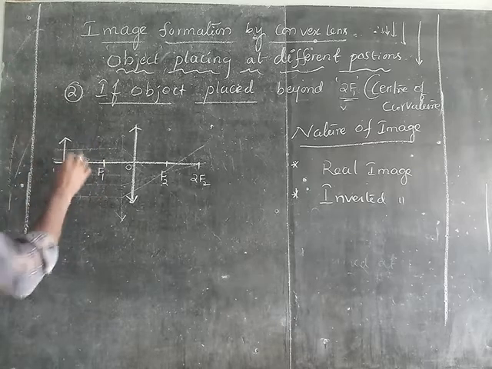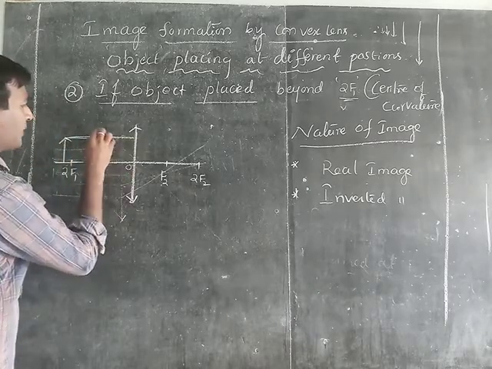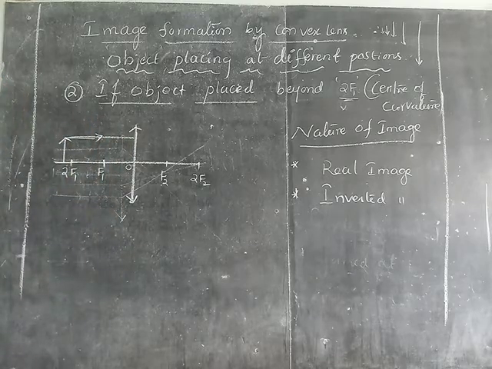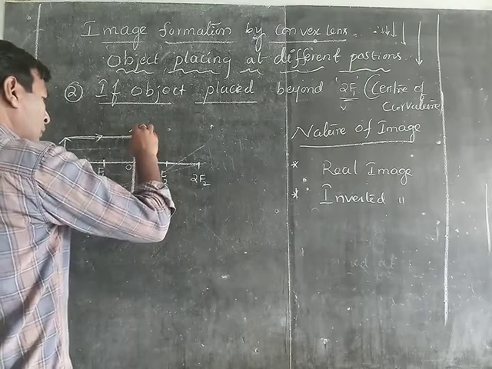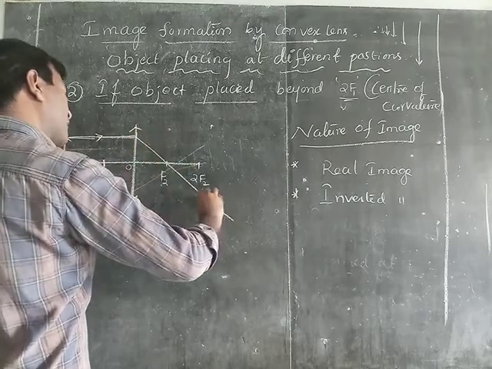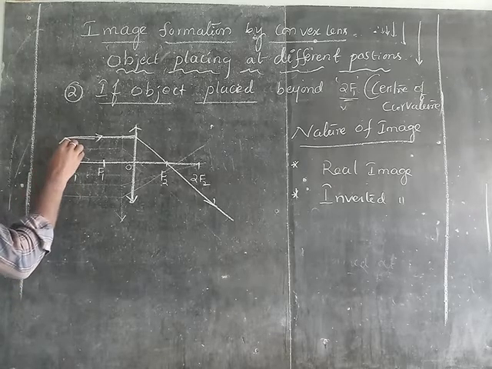What is the first rule? When the light ray passes parallel to the principal axis, what happens after refraction? After refraction it passes through the focus. Give the arrow mark for the refracted ray. And what is the other rule?